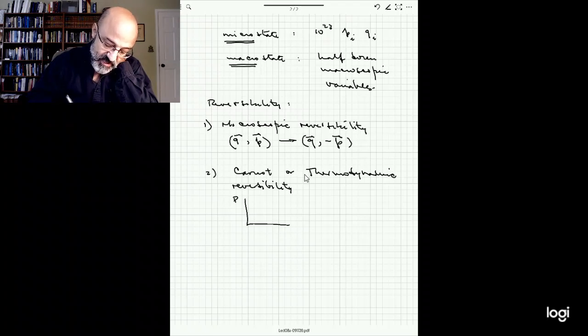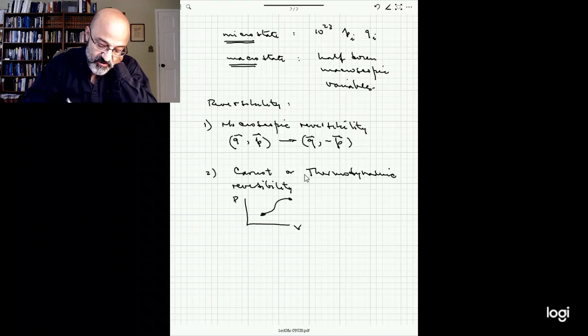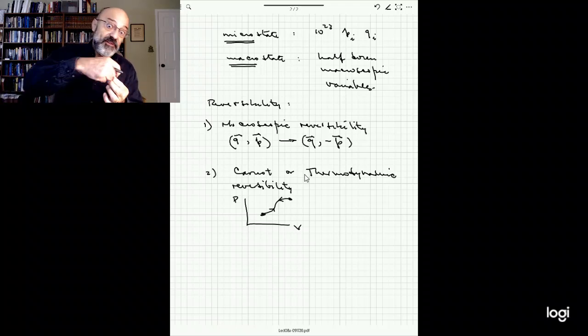For example, here you can take a process that takes you from one state to the other, and you can go in one direction or in the other direction. What this means is that you retrace your steps and recover the same macro states, but in the opposite order.